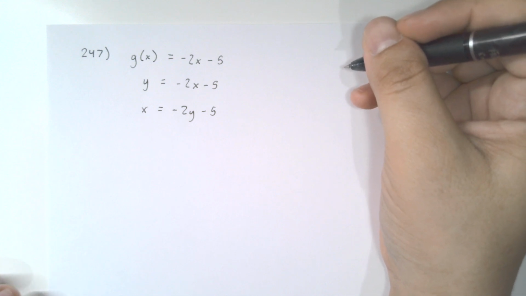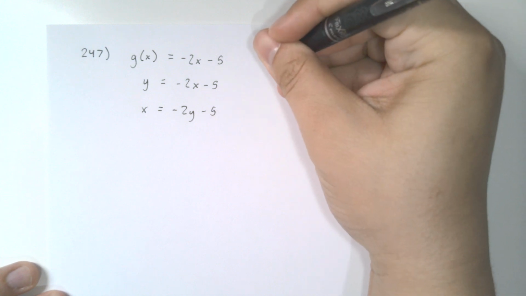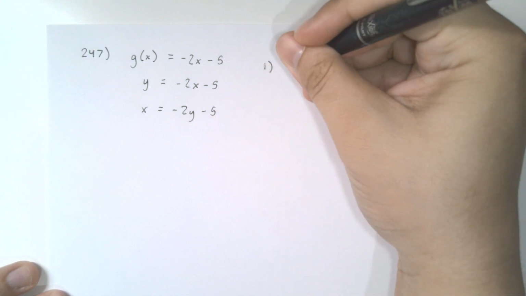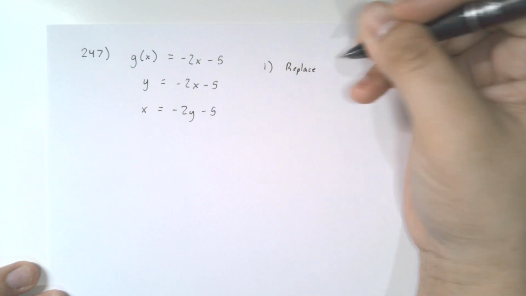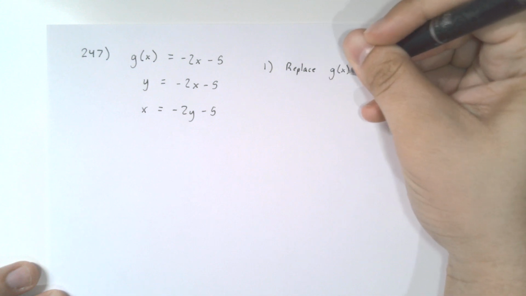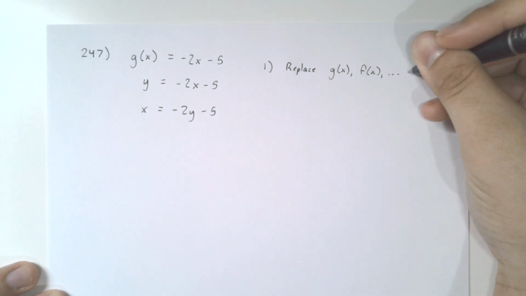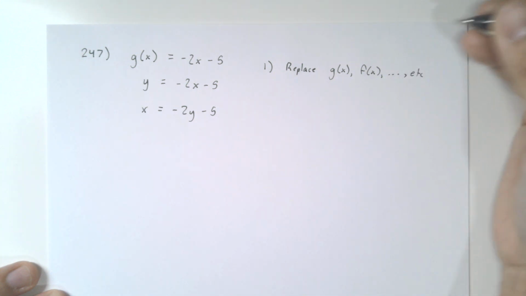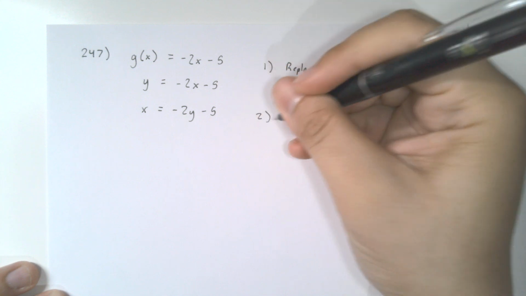And now, all we want to do is solve for y again. So if I had to write steps for this: first, optionally, replace g of x, f of x, whatever function you have, with y, because that outputs your y value.